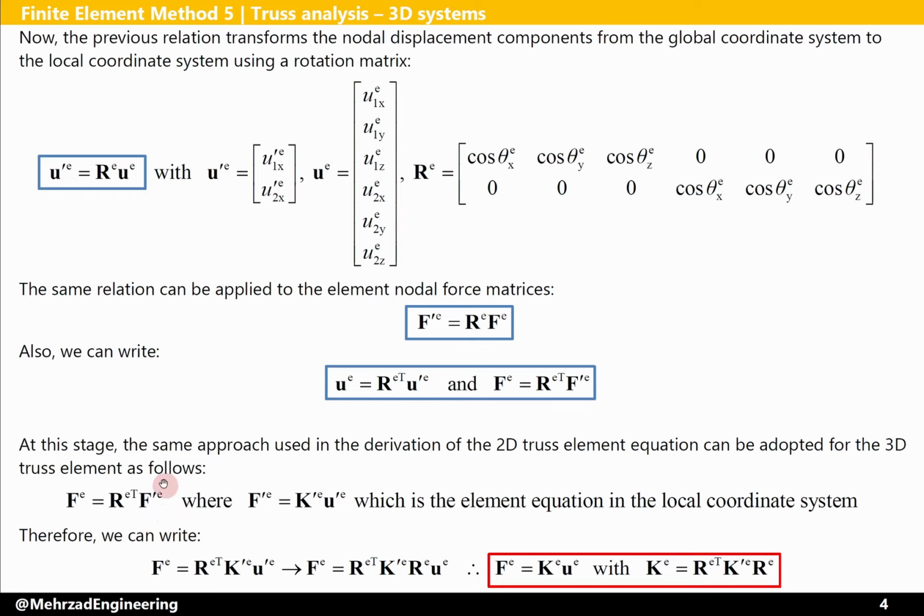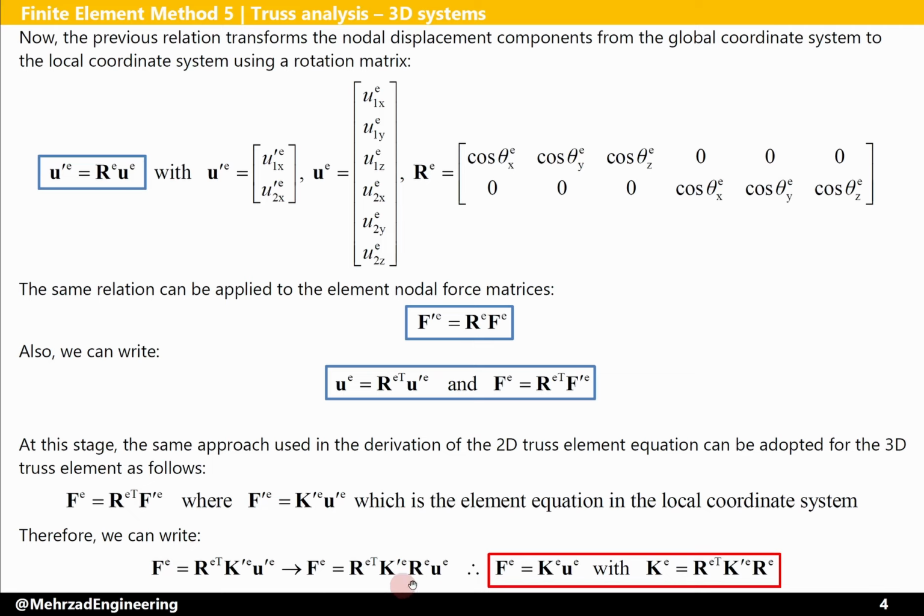And instead of f prime e, we could use the element equation in local coordinate system, which is k prime e u prime e. So I rewrite this equation as Fe is equal to Re transpose k prime e u prime e. And here, instead of u prime e, we could write Re Ue from this equation. So we have Fe is equal to Re transpose K prime e Re Ue.